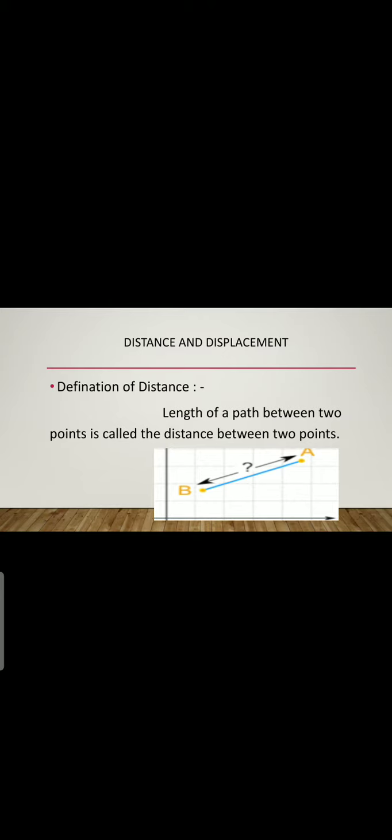For example, let us consider 2 points, point A and point B. The length of the path between these 2 points, from the starting point A to the ending point B, is known as the distance.